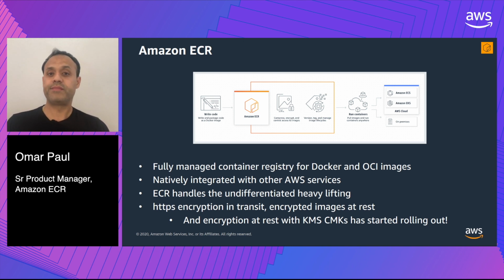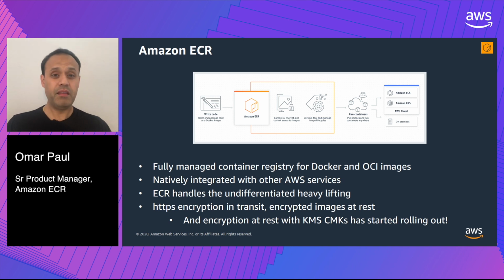This gives high compliance workloads the comfort that they can use their own key to encrypt images at rest. Finally, ECR also integrates with AWS core competency partners for services, such as image scanning, for instance.